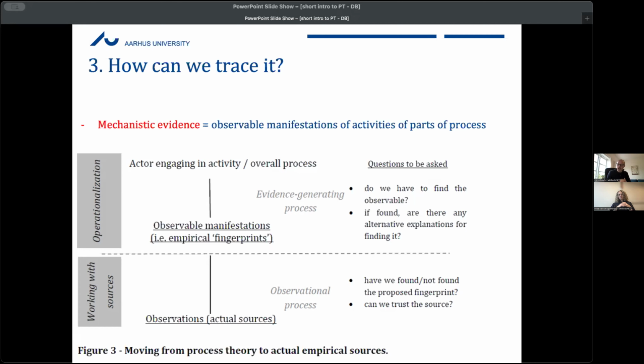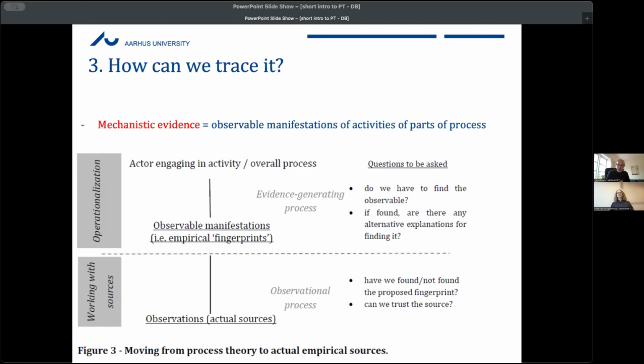So we'll spend a lot of time, both in week one and week two, talking about how we evaluate the probative value or the evidential value of evidence. How do we work with different sources? How do we establish that we can trust sources?